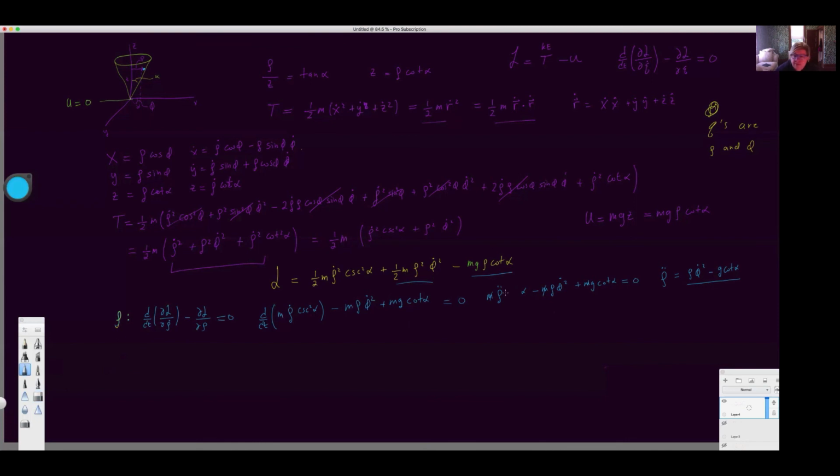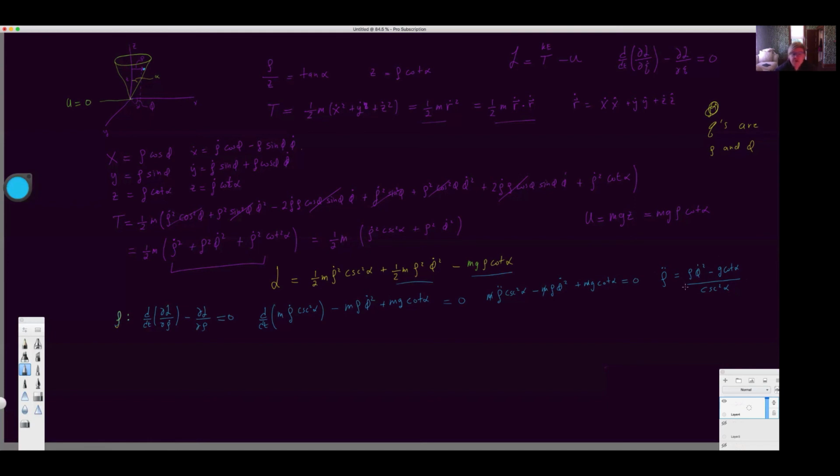Sorry about that. That looks a little gnarly, but we certainly can put that into a computer and solve. The only thing is it's now coupled with this phi dot equation.